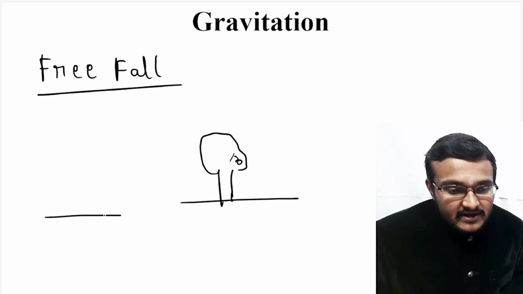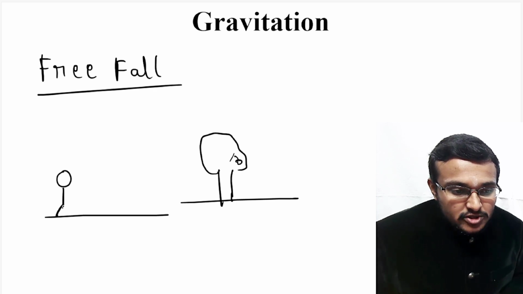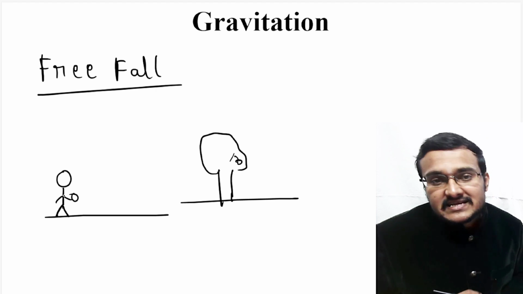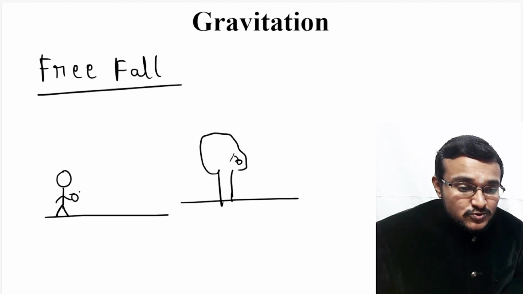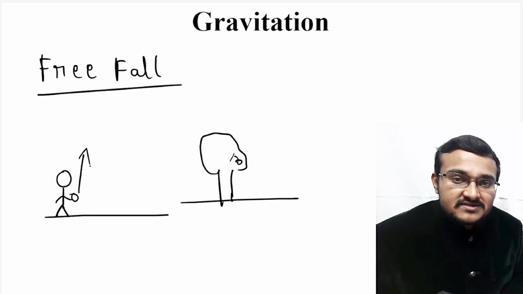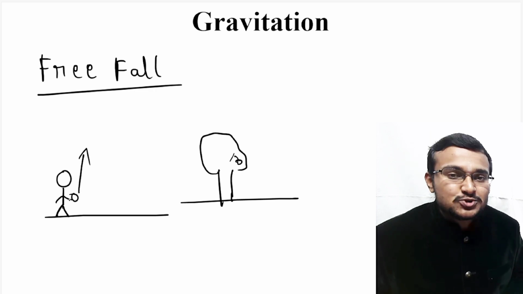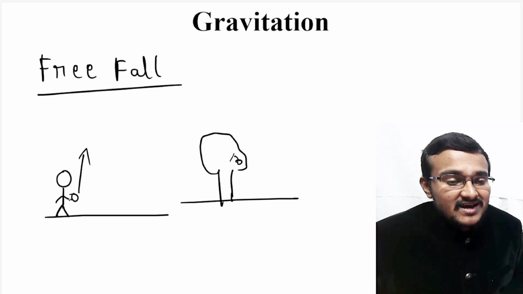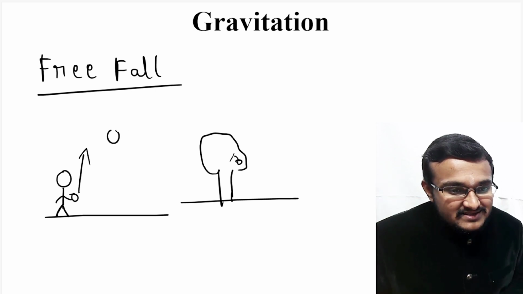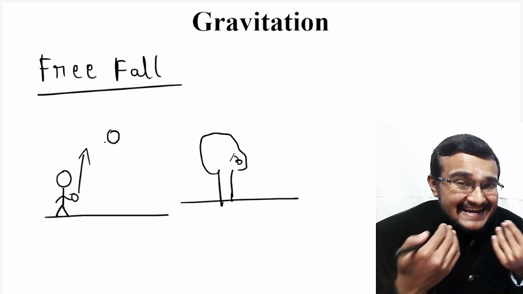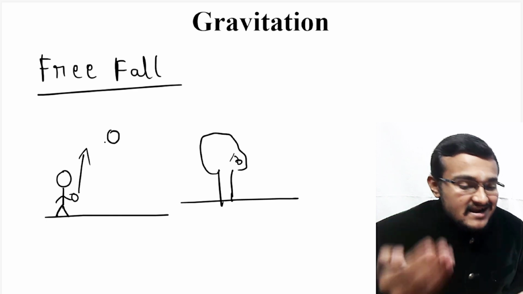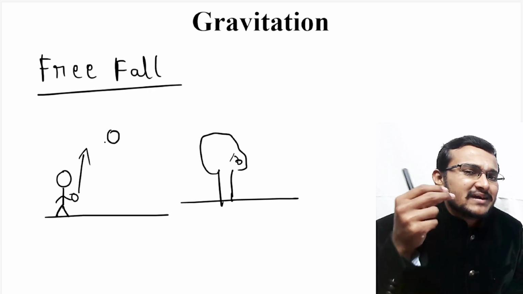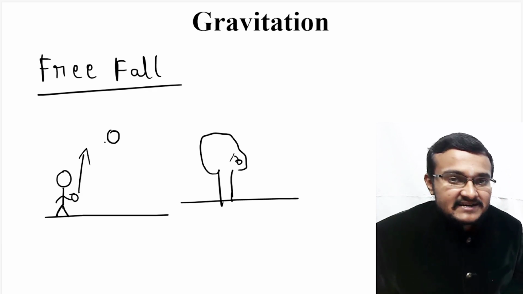Now if you throw a stone to the sky, for example, if this student is having a stone and throws it towards the sky, this stone will reduce its speed as it goes upper and upper, and at a particular point the throwing force is exhausted. At that time the stone stays there for a while, for a few milliseconds or microseconds, I don't know exactly.